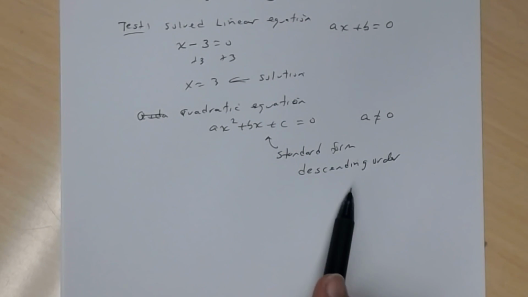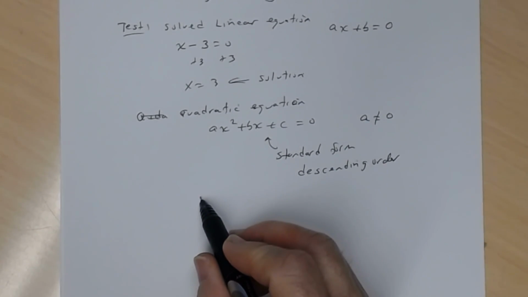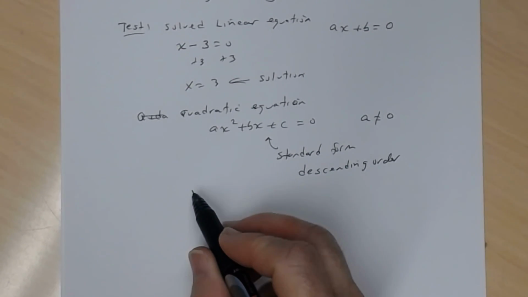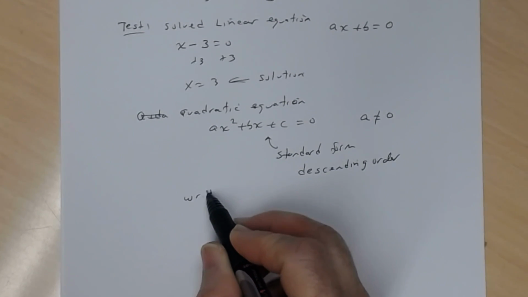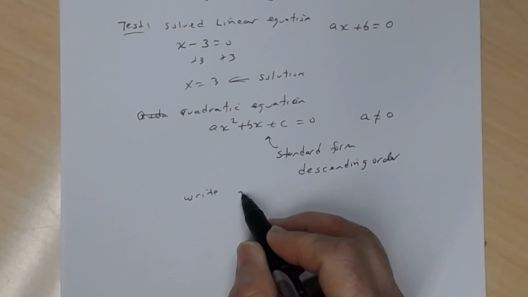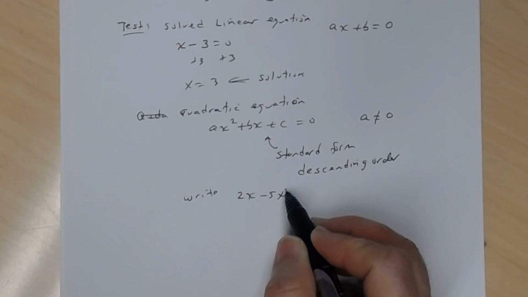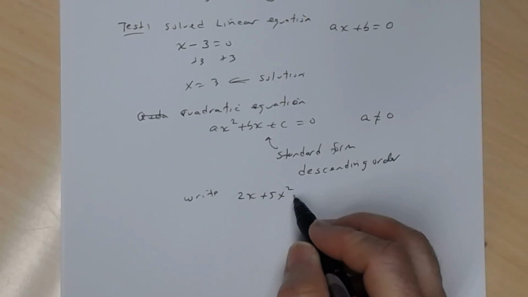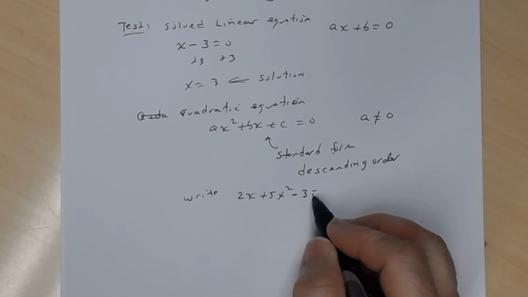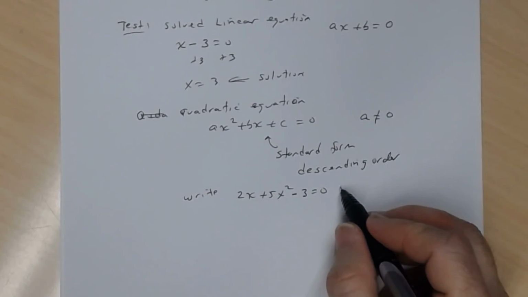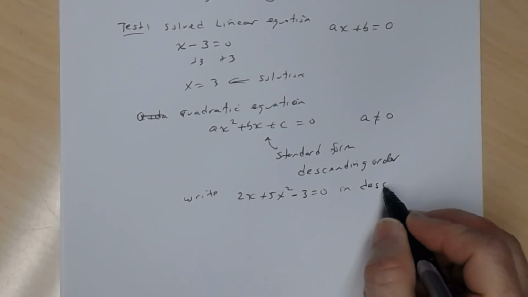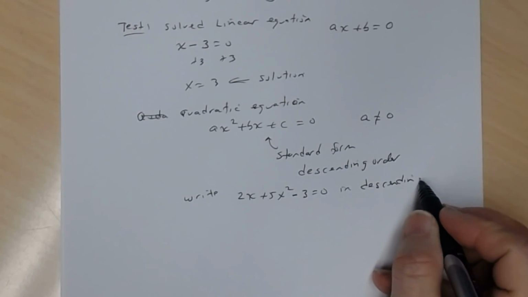So for example, let's talk about descending order. So let's put 2x minus 5x squared, let's say plus x squared, minus 3 equals 0, in descending order. Okay, that's going to be important when we factor.